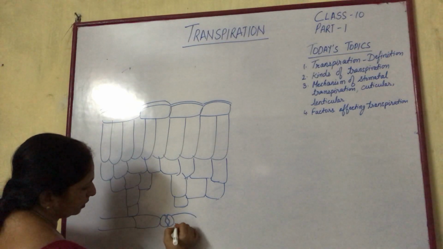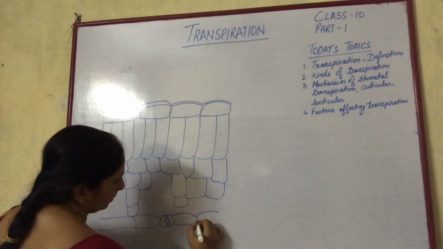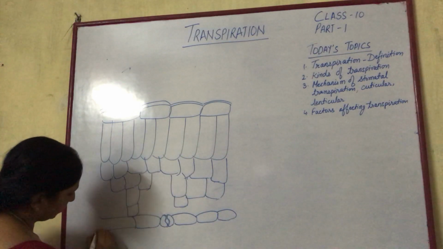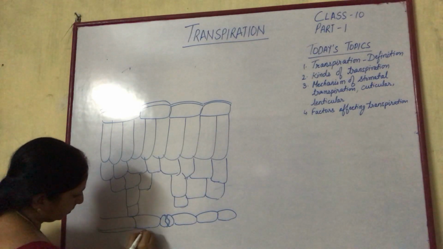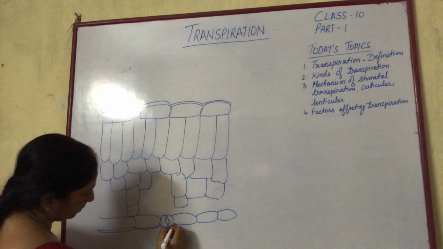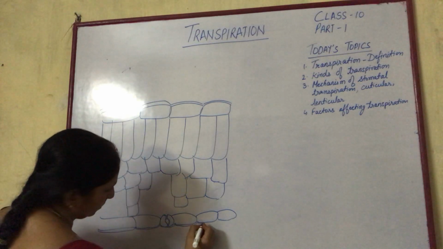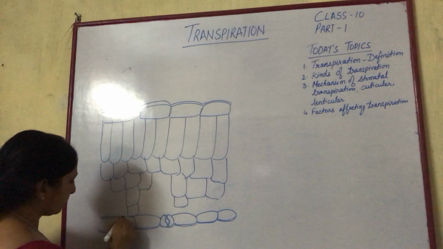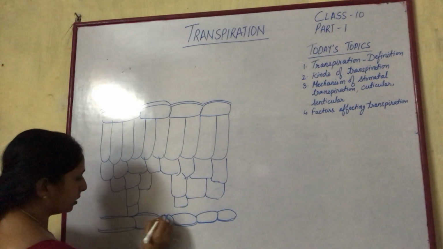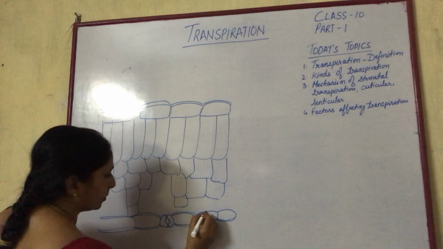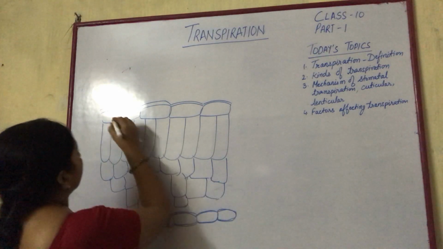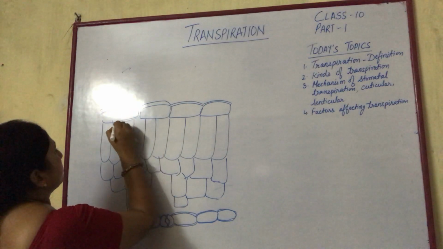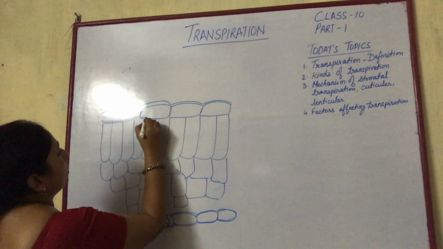Then next is this double layered structure. Cell wall is present in all the plant cells, and here also the second layer is the cell wall.